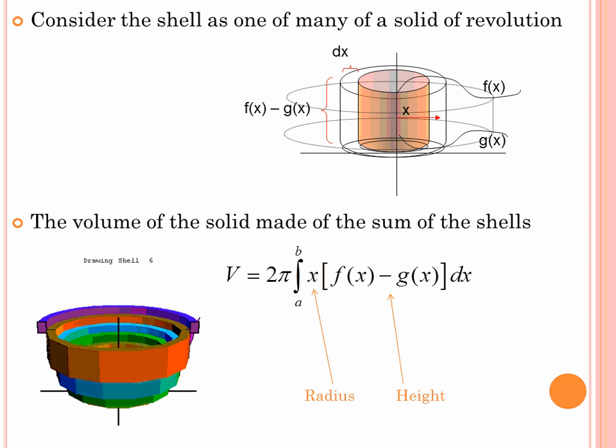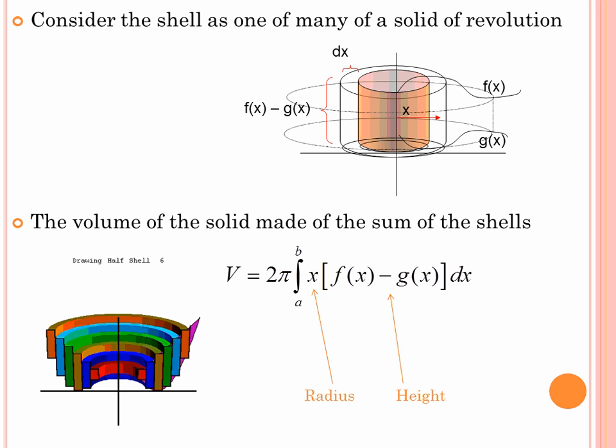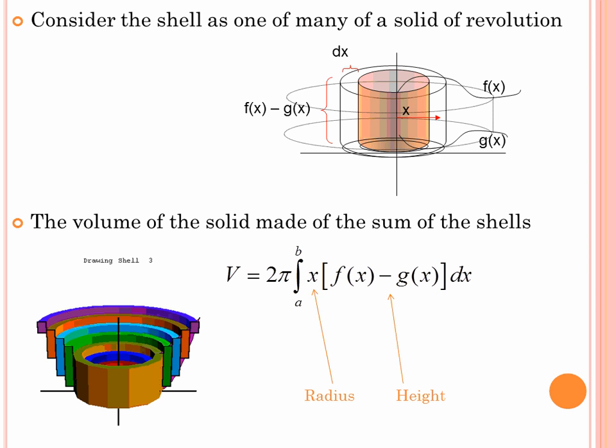The height of my cylinders is going to be the difference in the functions, because those rectangles are sitting in our function. Finding this bottom is how we're going to get the height of our cylinders. And then here's our thickness, dx.